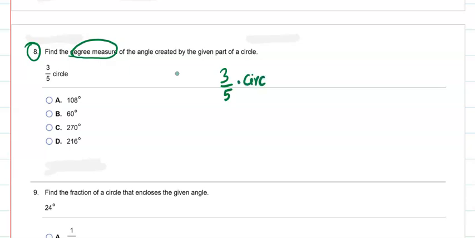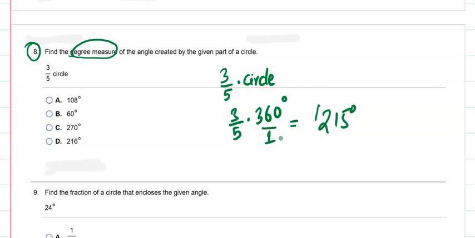A full circle is 360 degrees. So you multiply 360 by 3/5, or you can just do 360 over 1, multiply 3 with 360 and divide by 5, and you get 216 degrees.